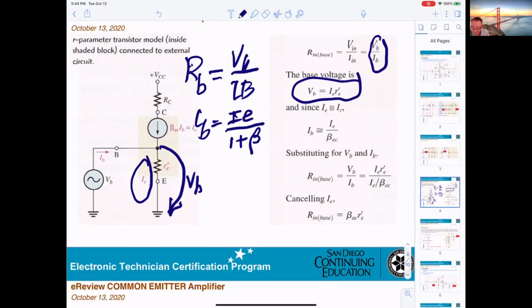In here, they calculate IB equals IE divided by beta. The thing is they said IB is too small, so IE and IC are supposed to be the same. Then they substitute, and finally this is R in base.